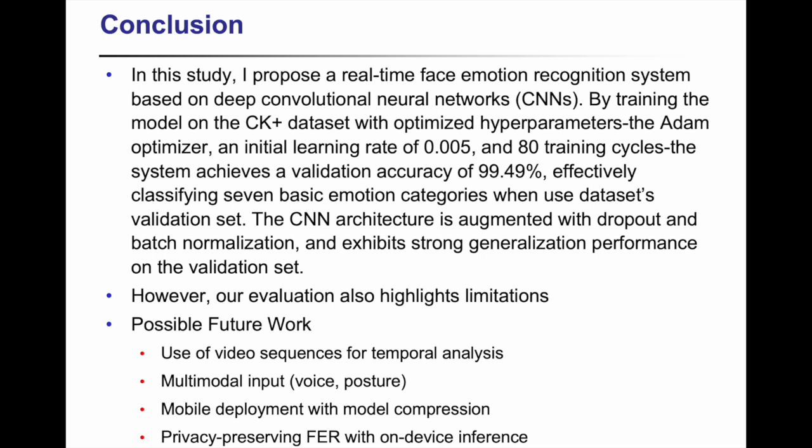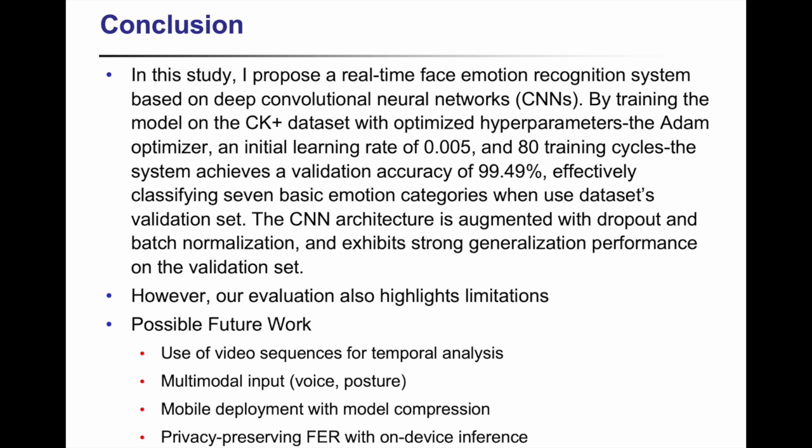The CNN architecture is augmented with dropout and batch normalization and exhibits strong generalization performance on the validation set. However, our evaluation also highlights limitations, as I mentioned before, such as the light condition and insufficient occlusion handling.